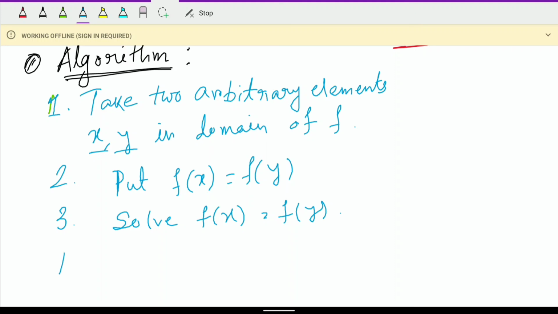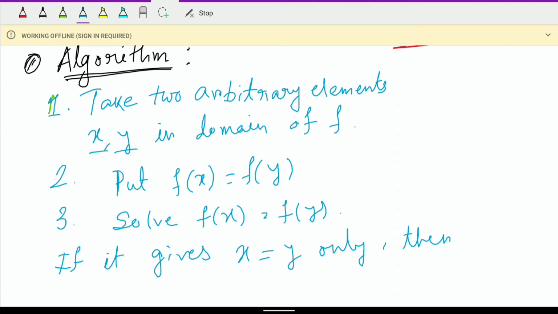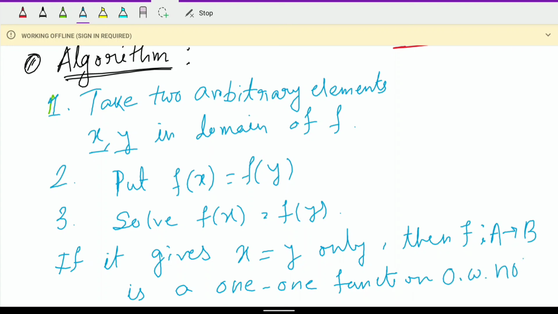If it gives x equals to y only, then f maps A to B is always true, or from the definition actually, so it's a 1-1 function, otherwise not. Okay, so this is our algorithm basically.